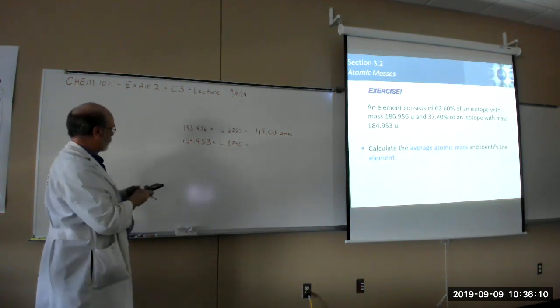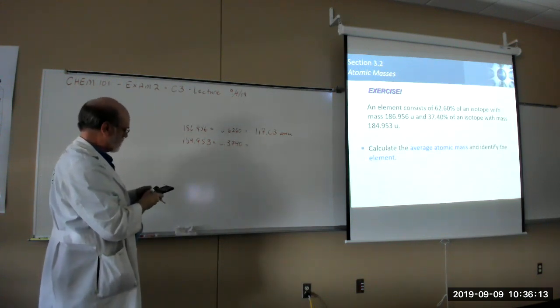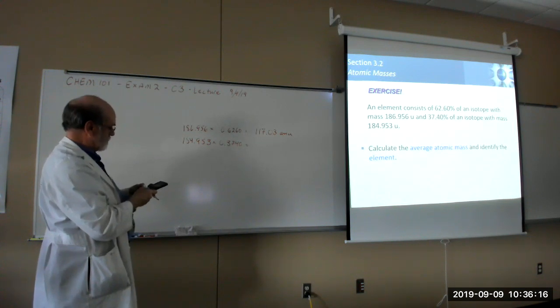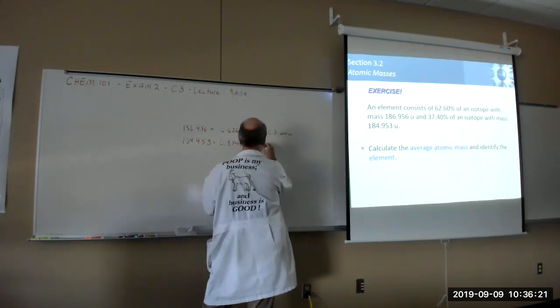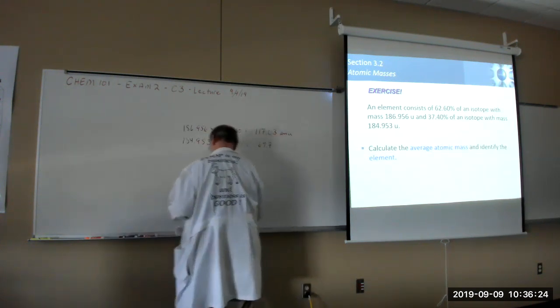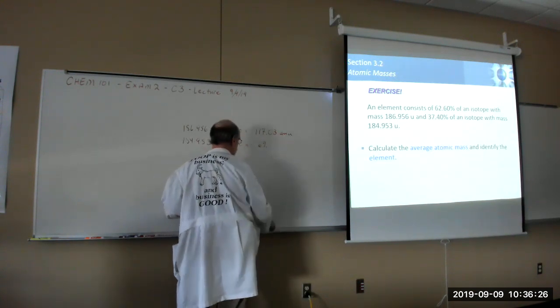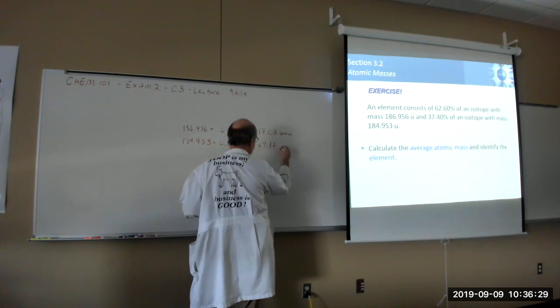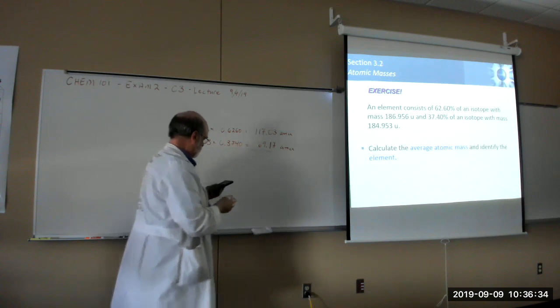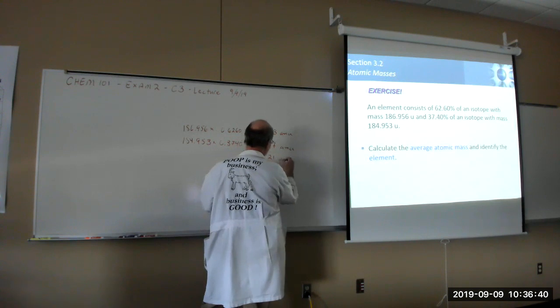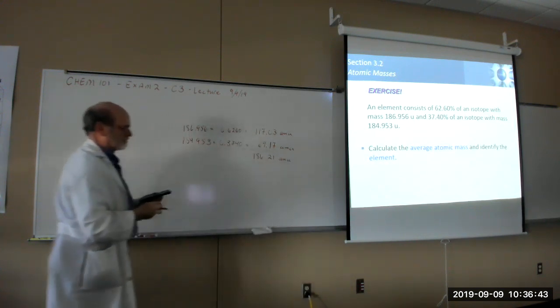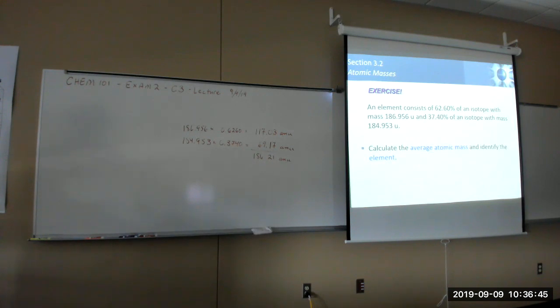And then 184.953 times 0.374 is this one's. Now add them together, and I get 186.21 as the average mass of that element.